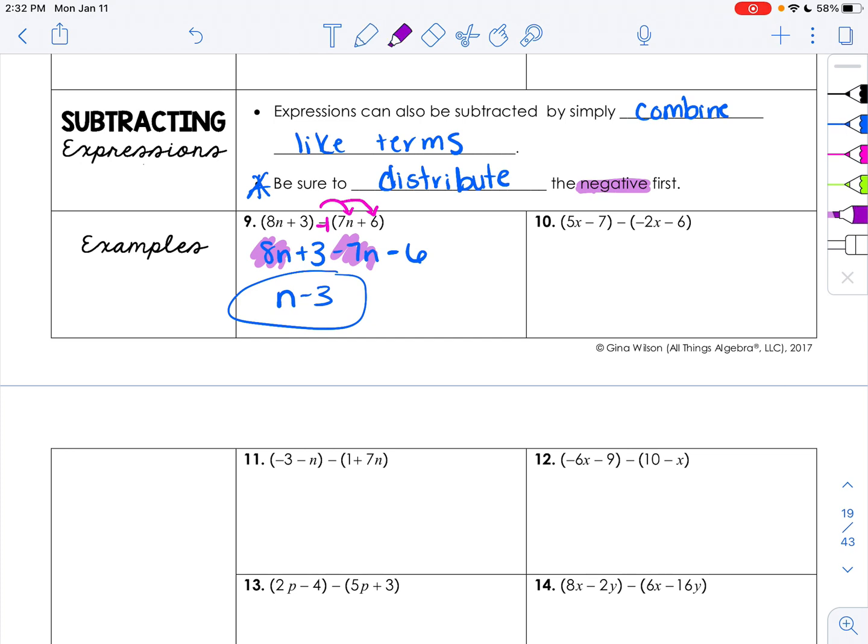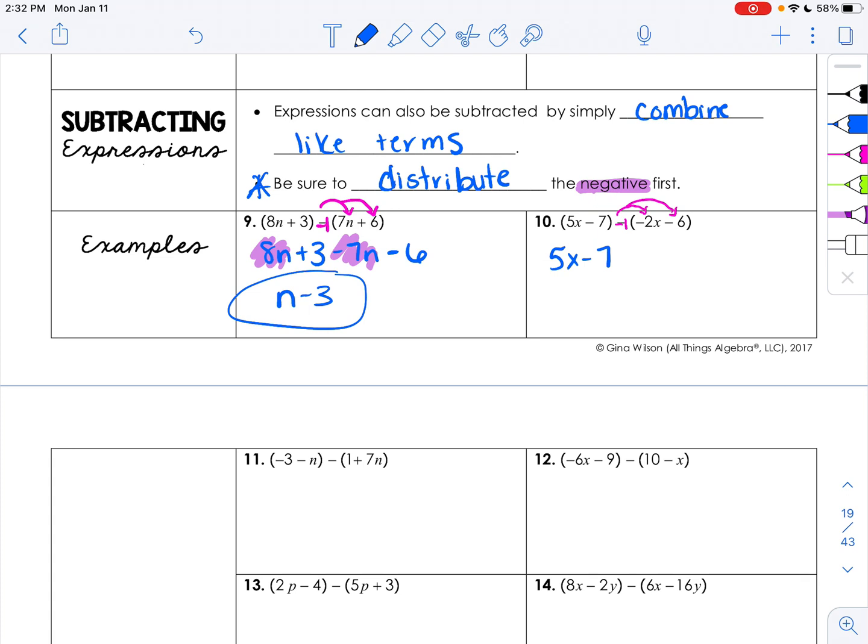Number 10. I know I'm subtracting because of the subtraction sign between my two expressions. With subtraction, we have to distribute that negative 1. Distributing the negative 1 only goes to our second set of parentheses, so that's not going to change our first expression, 5x minus 7. Then I'm going to multiply that negative 1 times negative 2x.